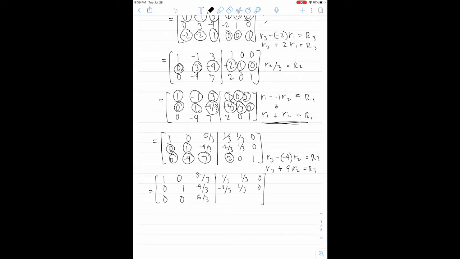Then next, 2 plus 4 times negative 3, negative 2/3 is negative 2/3. Okay, next is 0 plus 4 times 1/3 is 4/3. Then 1 plus 4 times 0 is 1. Okay?